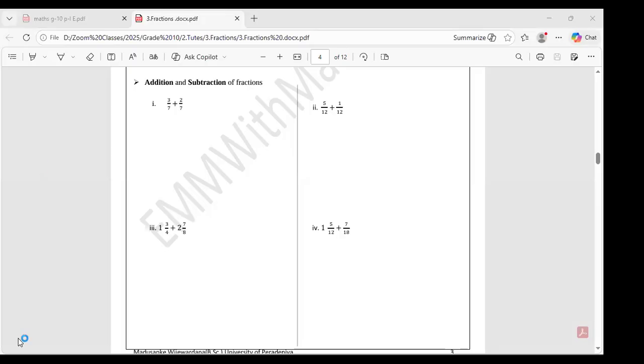For this one and this one, please keep your answer in mixed number format. Keep your answers in mixed number forms.